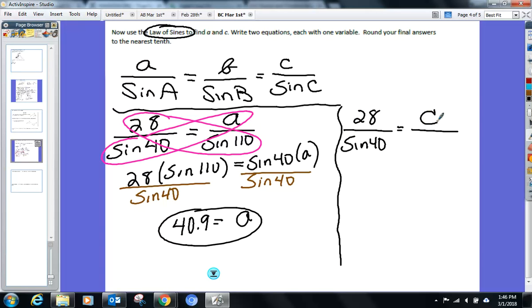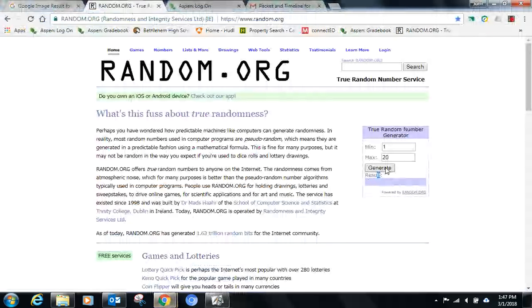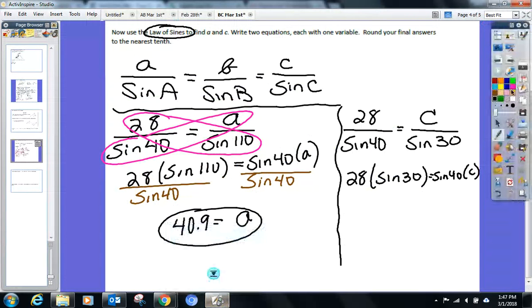And now side C, what's across from it? Sine of, what do we find out already? 30. Those ratios always equal. And in this case, what do we have to do on both sides to get side C by itself? 19 again.